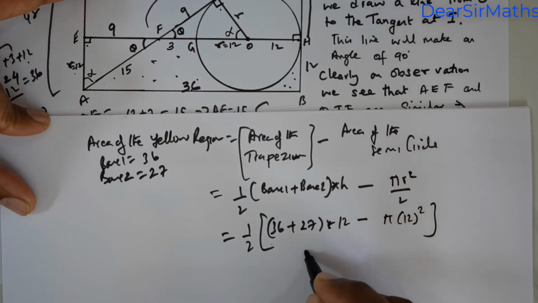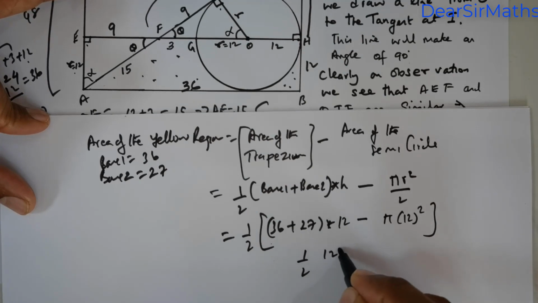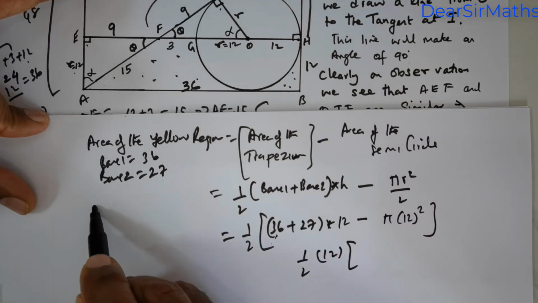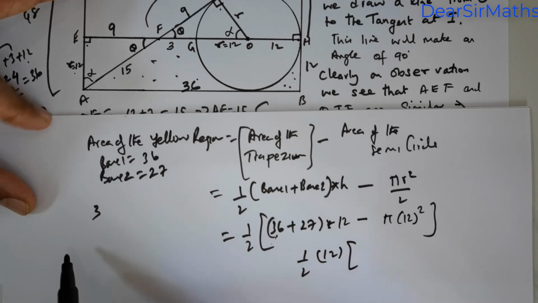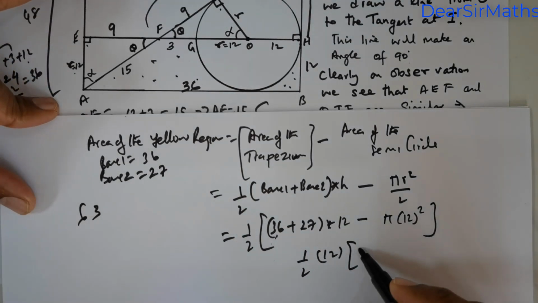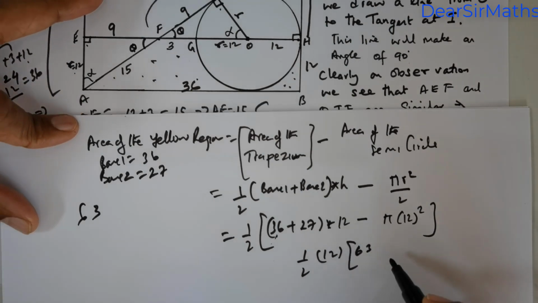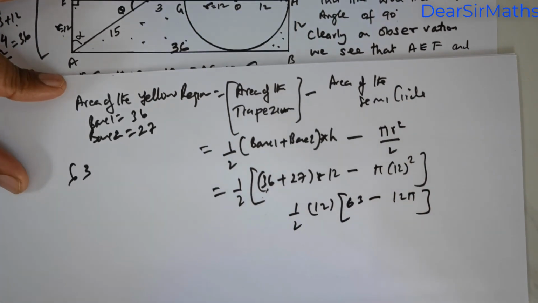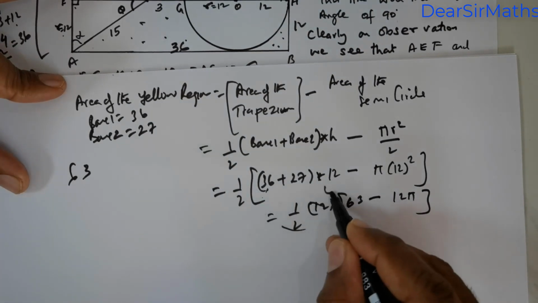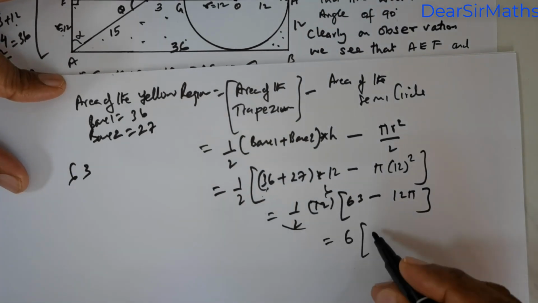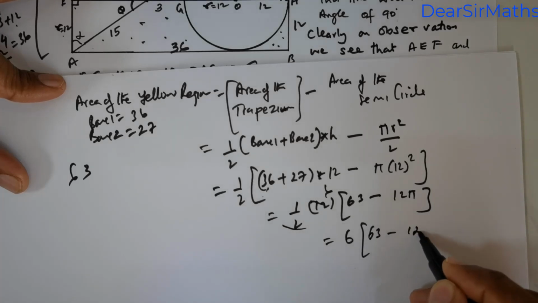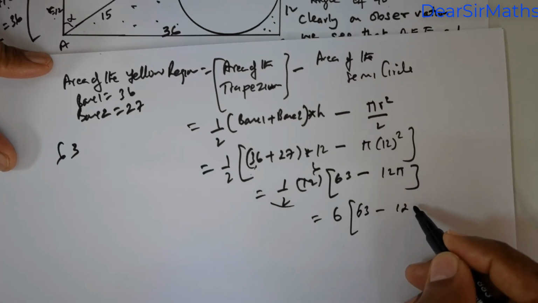So what I can do is take 12 units out and add 36 with 27. That's going to be 63. 12 is already taken out. Negative 12 times pi. So this is what we've got. Now 2 divides here 6 times. So 6 into 63, negative 12 times pi.